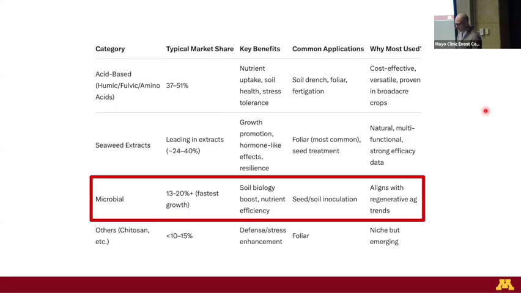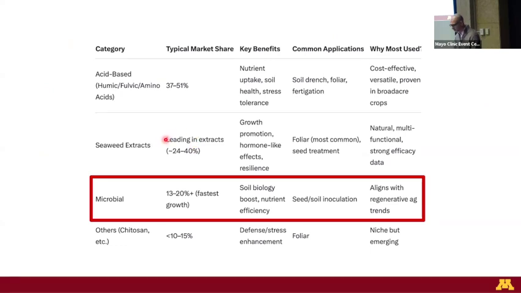And this table here is just to break it down. The ones that are acid-based, like your humic and fulvic and the amino acids, cover almost 50% of the market share in terms of product being commercialized. And then the seaweed extracts are about 25 to 40% of the market.